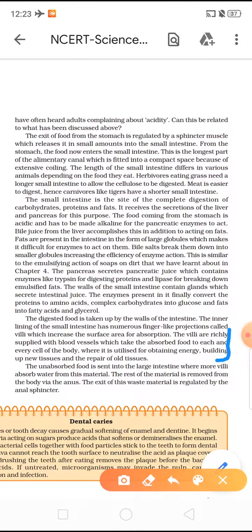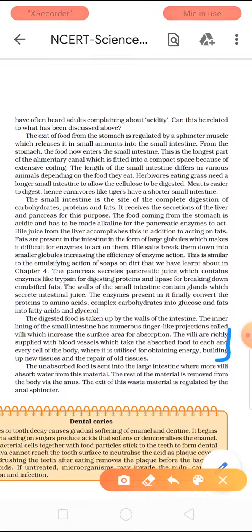Villi are richly supplied with blood vessels which take the absorbed food to each and every cell of the body, where it is utilized for obtaining energy, building up tissues, and repair of old tissues.